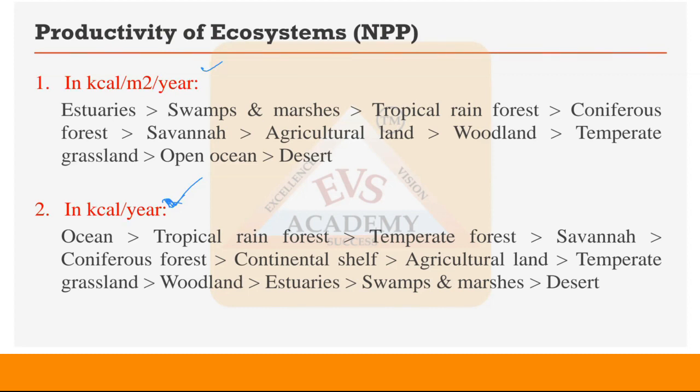Then you have to arrange all these options, maybe in ascending or descending order. I have arranged both questions here in descending order, highest first and lowest last. They can ask in ascending order as well, where you put the lowest first and the highest last.